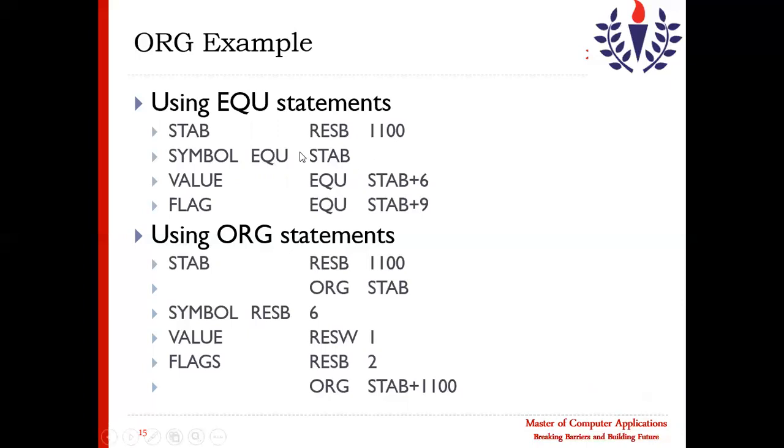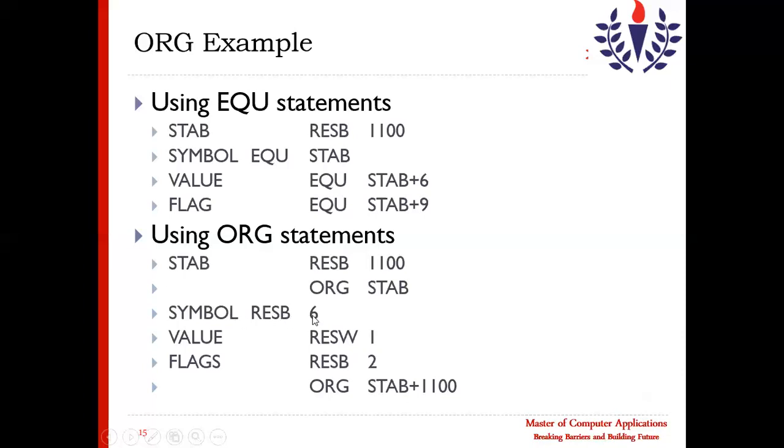But using origin, what we will do, like the same stab will have one value. Origin means now we are defining that we are starting from 1100. We are not directly saying that our first symbol will start from here. No. We are saying that our table will start from 1100, and in that table the first symbol will reserve 6 bytes, value will reserve a word. It is written here reserve w, and here reserve b, means byte.